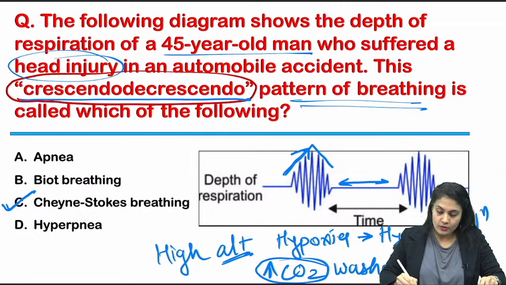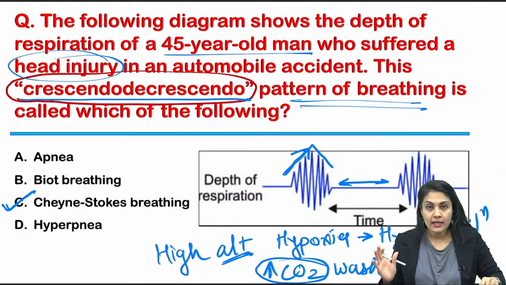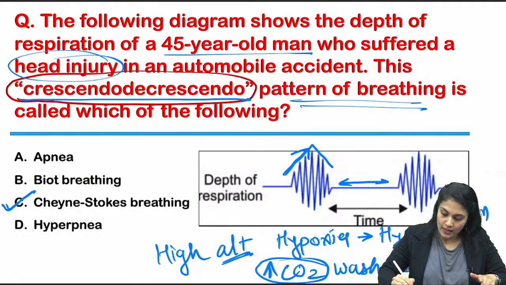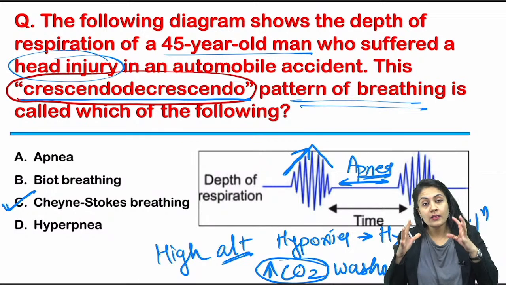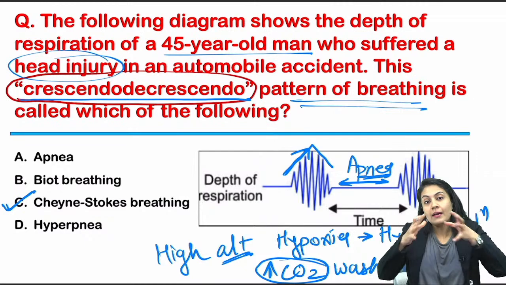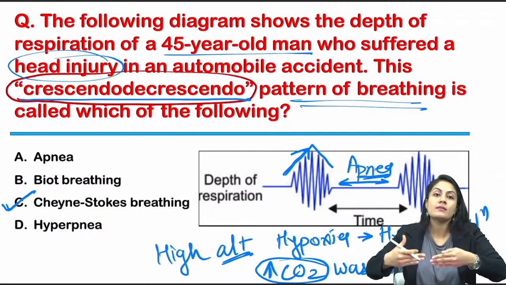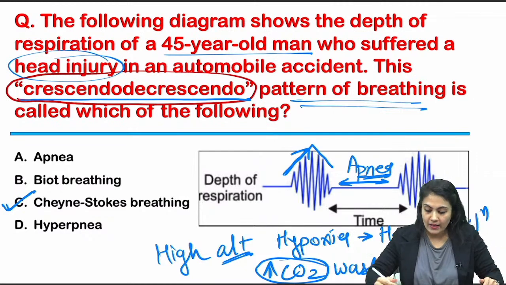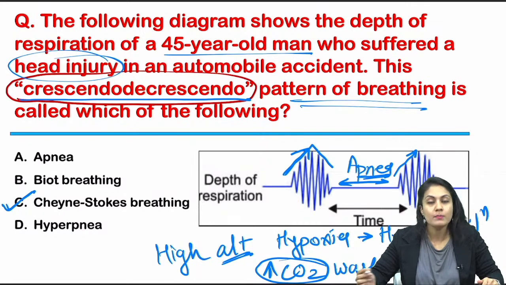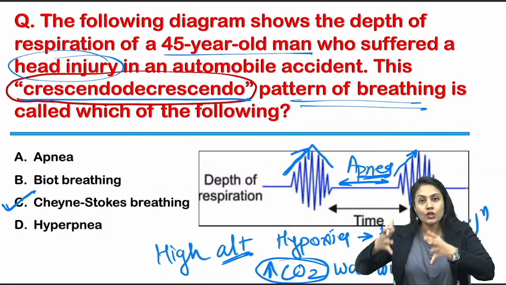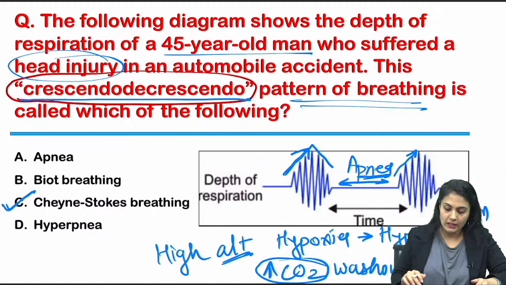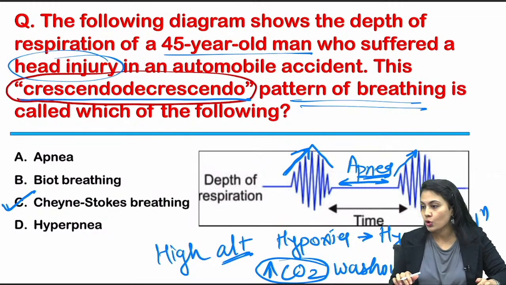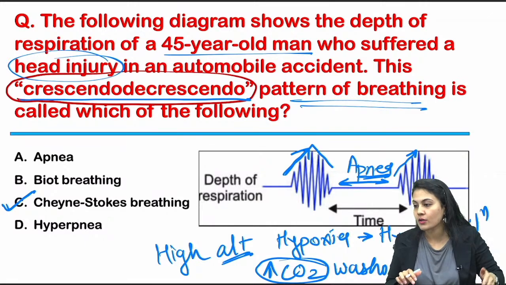If the carbon dioxide is washing out, the drive will be reduced, and that's why the patient will have apnea for some time. In the apnea, the carbon dioxide again builds up and stimulates the respiratory system back again, and that's why the hyperventilation comes back, right? So hyperventilation followed by apnea, hyperventilation, that is gradual increase and decrease, the crescendo decrescendo pattern. Yes, CO2, it is the CO2.